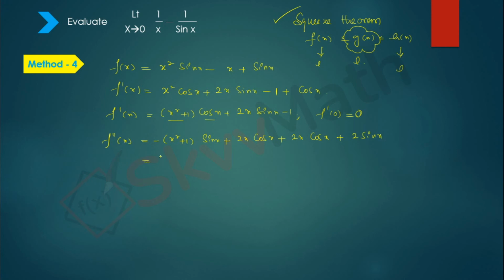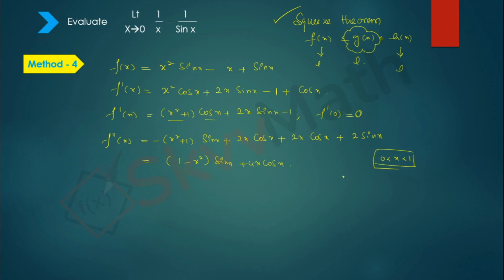Now if you simplify this and take sin x common, you get 2 sin x minus 1 minus x square sin x, so plus 2, so (1 minus x square) sin x, and then 2x cos x plus 2x cos x gives 4x cos x. Let us suppose 0 is less than x is less than 1.